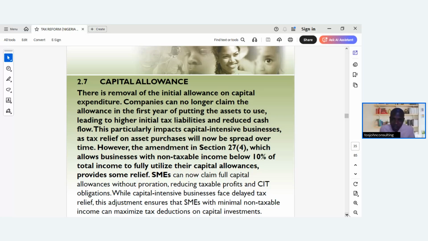SMEs can now claim full capital allowances without proration, reducing taxable profits and CIT obligations, while capital-intensive businesses face delayed tax reliefs. This adjustment ensures that SMEs with minimal non-taxable income can minimize tax deductions on capital investments. So you can see what the implication of the NTA on capital allowance is for SMEs and other large companies.